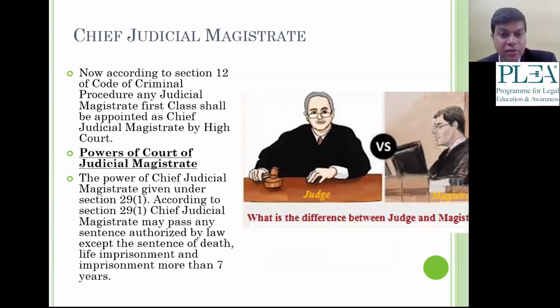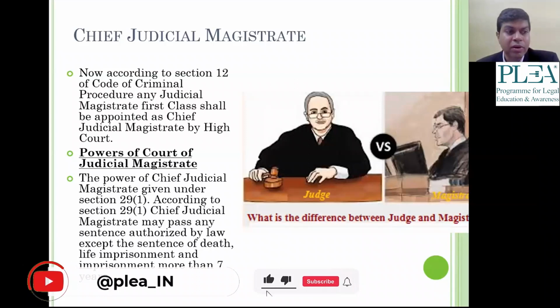The powers of the Court of Judicial Magistrate are mentioned under section 29 subsection 1. According to section 29 subsection 1, the chief judicial magistrate may pass any sentence authorized by law except the sentence of death, life imprisonment, and imprisonment of more than 7 years. So these are the powers which have been conferred on the judicial magistrate.